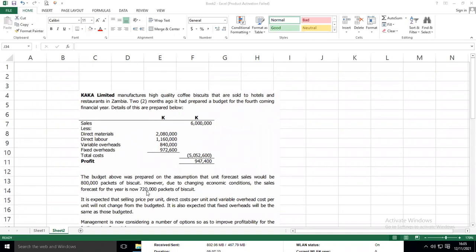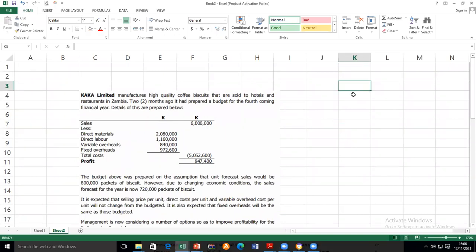Now at 720. So let us prepare a budget at 720,000. Okay. So let's start with sales. How much will sales be? Originally, what was the sales figure? Okay.